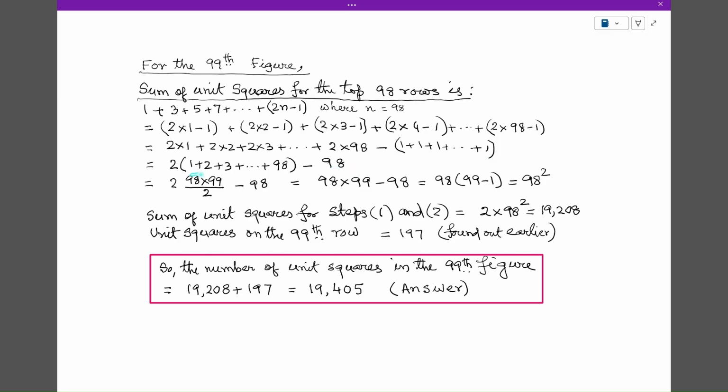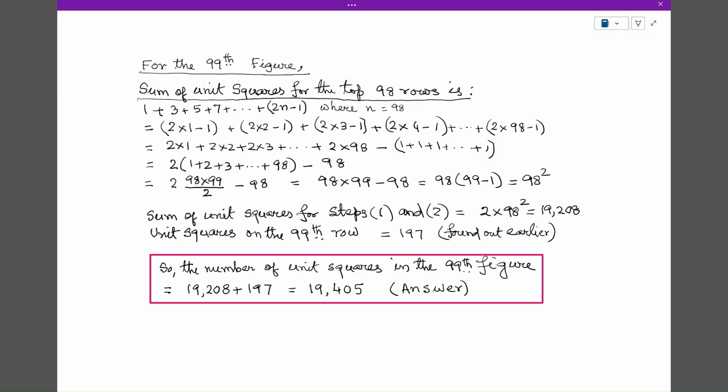And the sum of 1 plus 2 plus 3 up to 98 is known to be 98 multiplied by 99 divided by 2, and this 2 is coming here, minus 98, which is equal to, these two will cancel, 98 multiplied by 99 minus 98, and that is equal to, if you take 98 common from both the terms, 98 multiplied by 99 minus 1, which is the square of 98.